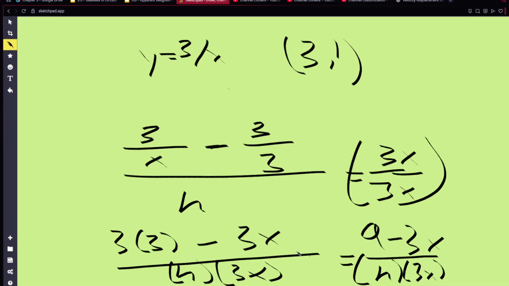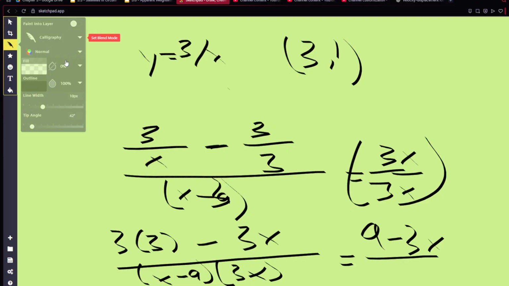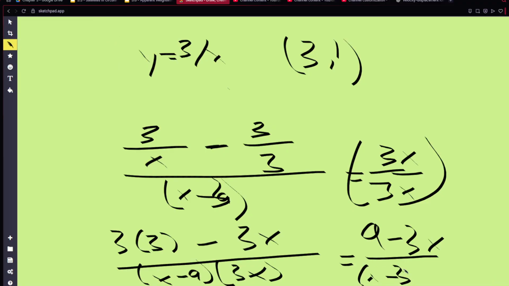Wait, oh, not over h, sorry. I was using different notation here. It wouldn't be h here because we haven't gotten to that yet, so I'm kind of jumping the gun a little bit. So it's going to be x minus a, and a would just be 3 here, so x minus 3. And again, it would just be x minus 3 times 3x, simply because a is just the point that we want to find, and we're finding the tangent line at x equals 3.